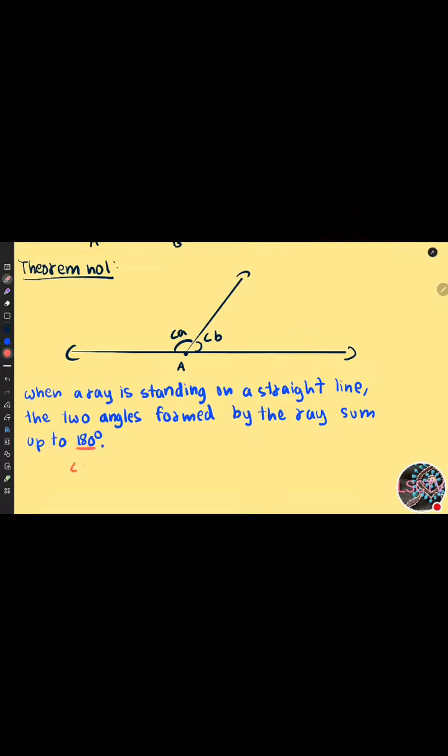Angle A plus angle B is equal to 180 degrees. This theorem is called linear pair. When there are two angles, it's called linear pair, because linear means straight line.